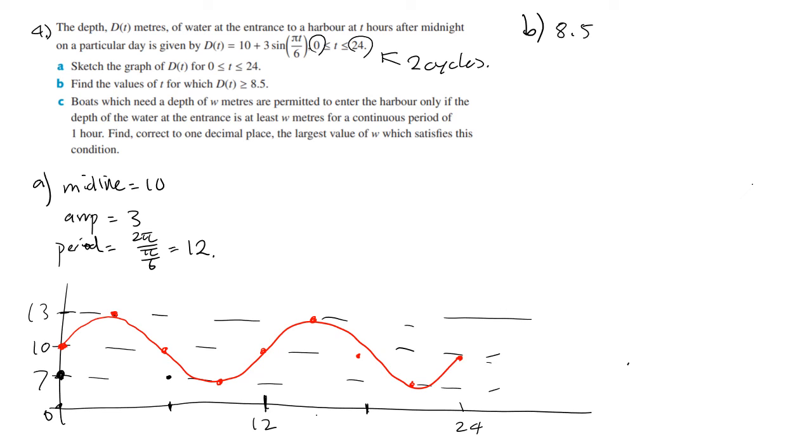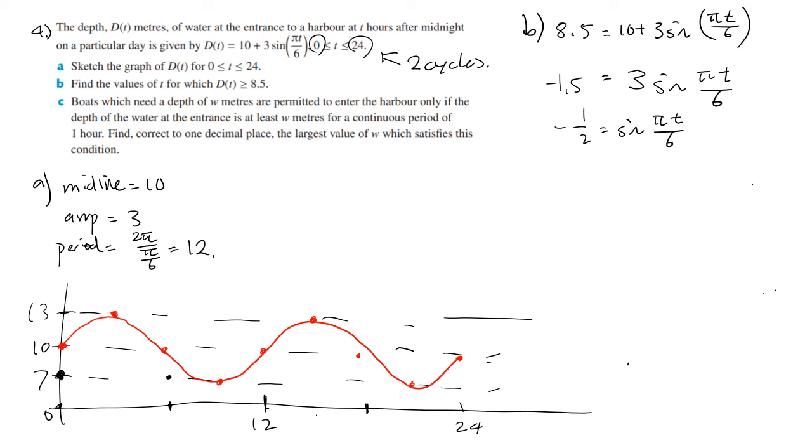So 8.5 equals 10 plus 3 sine pi t on 6. So that's 8.5 minus 10 equals minus 1.5, on 3, equals sine pi t on 6. So that's negative half equals sine pi t on 6.